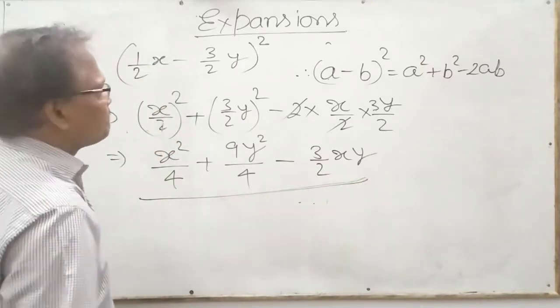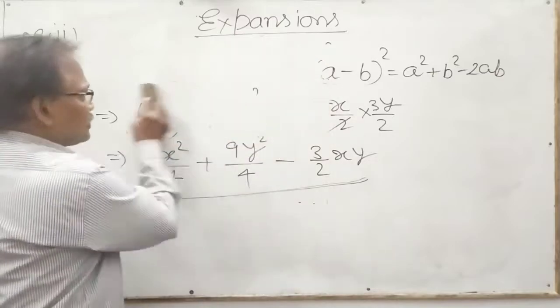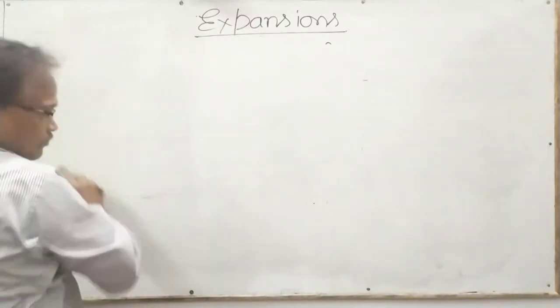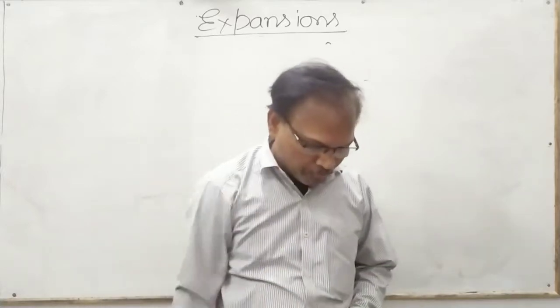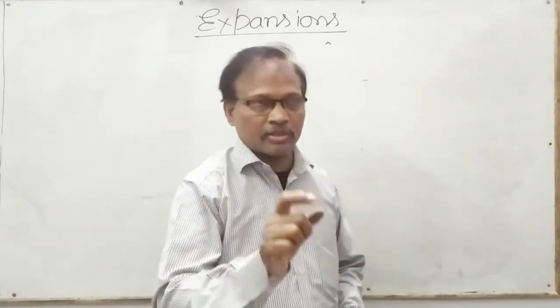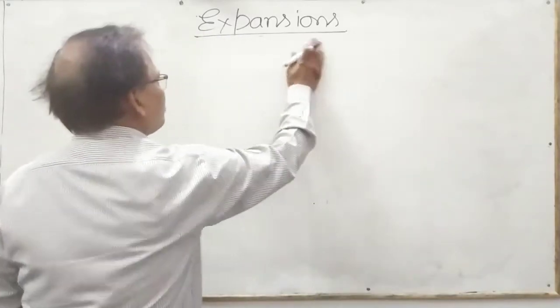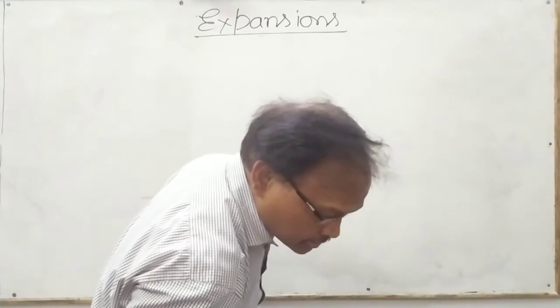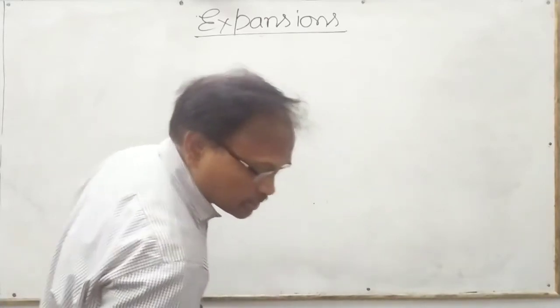Clear? Now the next, if I tell you questions based on (a plus b plus c) whole square, which is a very good formula. Question number 5 and 6 are there.